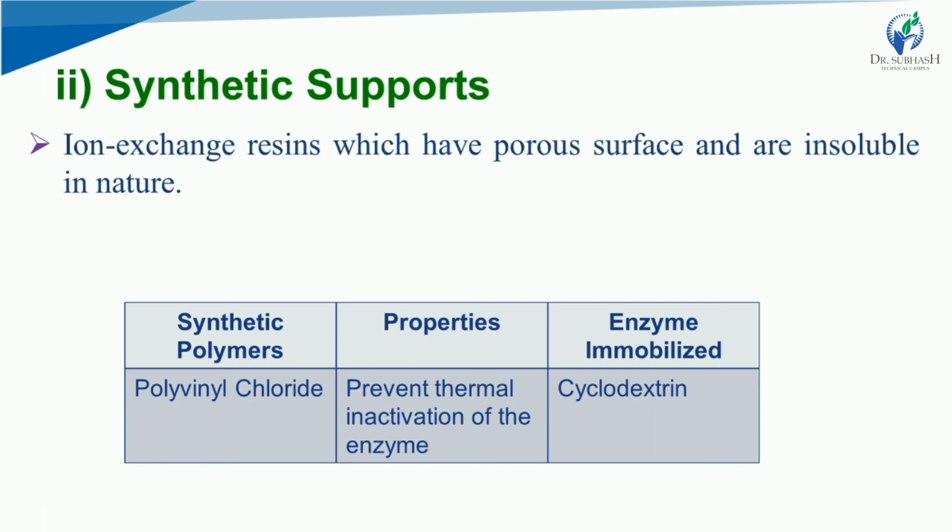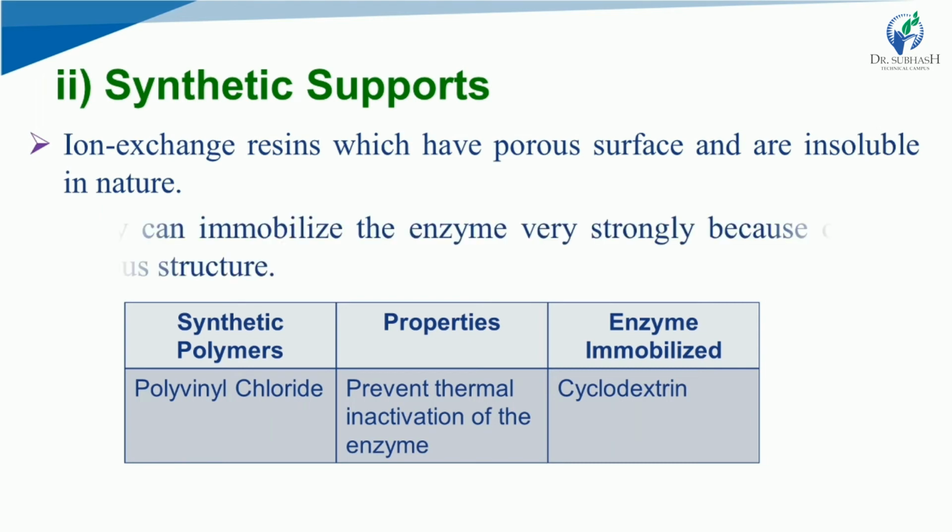Now, ion exchange resins have a porous surface and are insoluble in nature. This is also one type of synthetic support. They can immobilize enzyme very strongly because of their porous structure.